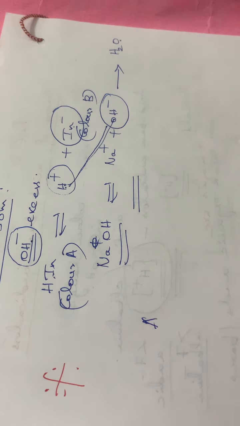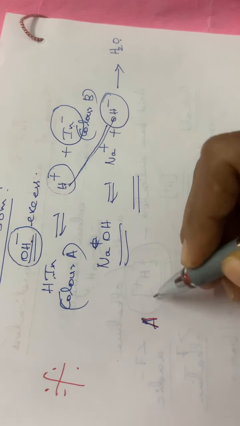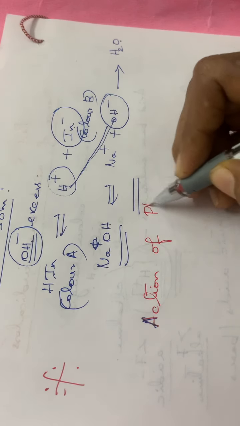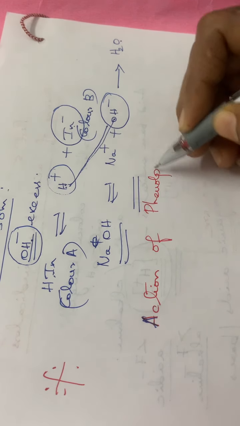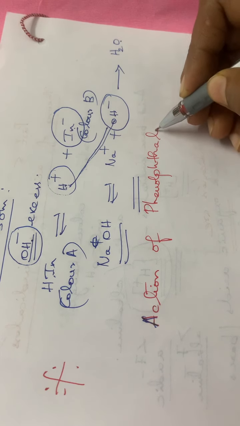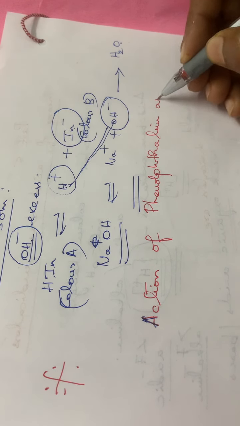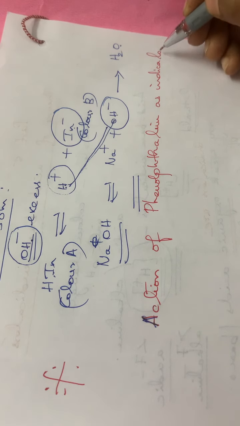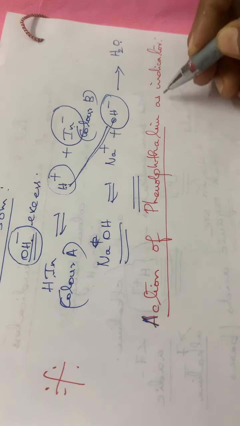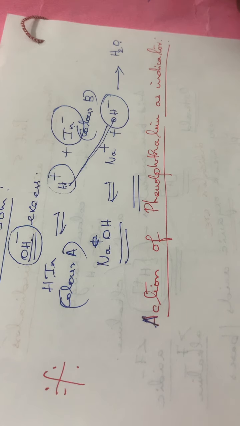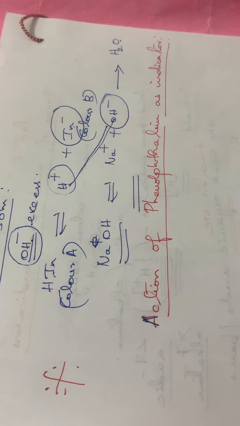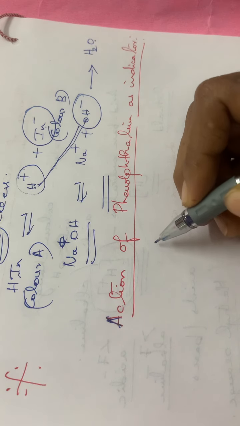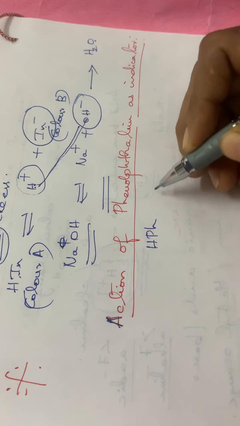Okay. So let us see first the action of phenolphthalein as an indicator. Phenolphthalein, as I already said, is represented by HPH.